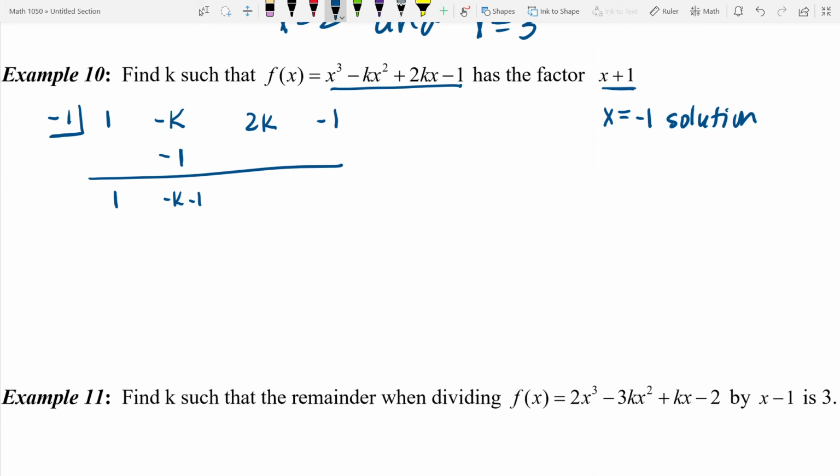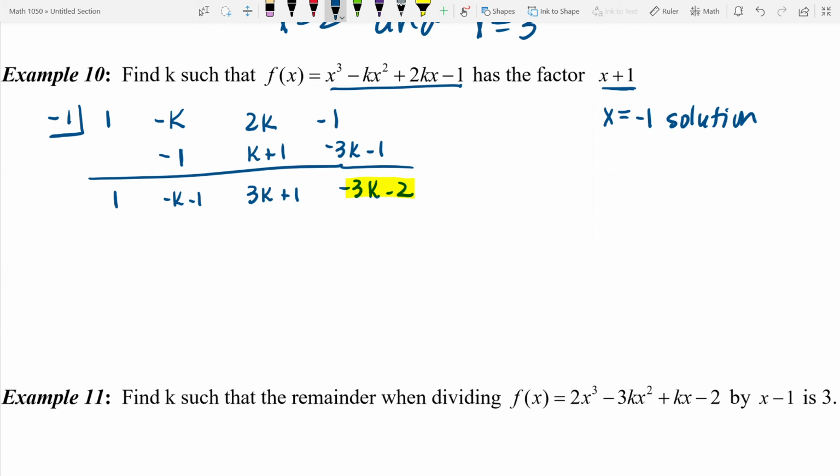Multiplied by negative 1, change the signs, k plus 1. 2k plus 1k is 3k plus 1. Multiplied by negative 1, change the signs, negative 3k minus 1. Add those things together, you get negative 3k minus 2. Negative 3k minus 2 is your remainder.